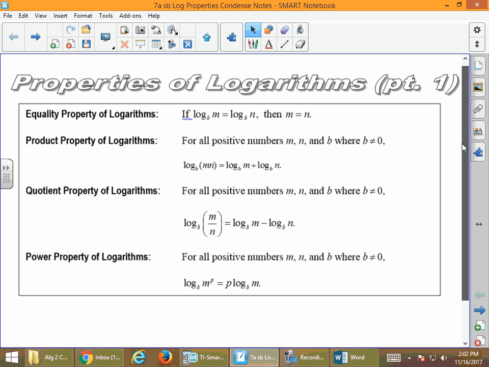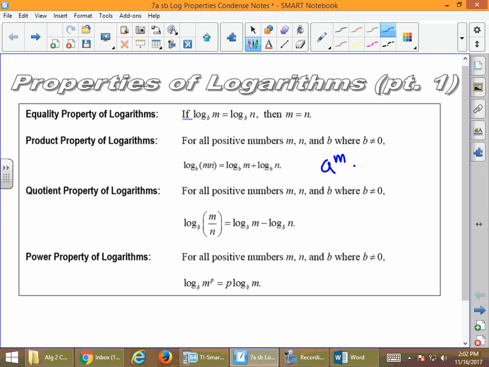Then the final two here, product property. Remember that the definition of logarithm, or at least what I oftentimes refer to logarithm as, is another way of writing an exponent. So the product property links back to this fact that a to the m times a to the n, what do we do to the exponents when we multiply those two?